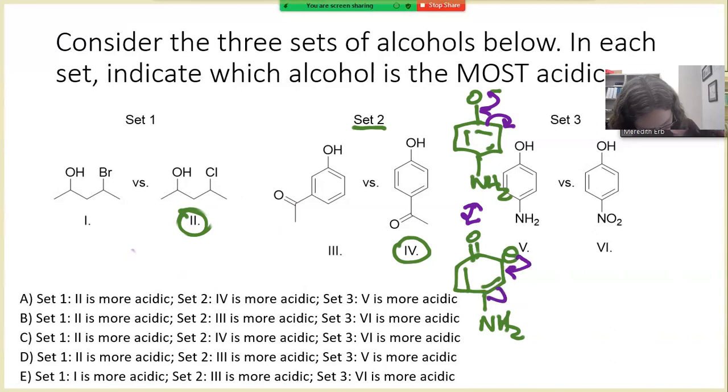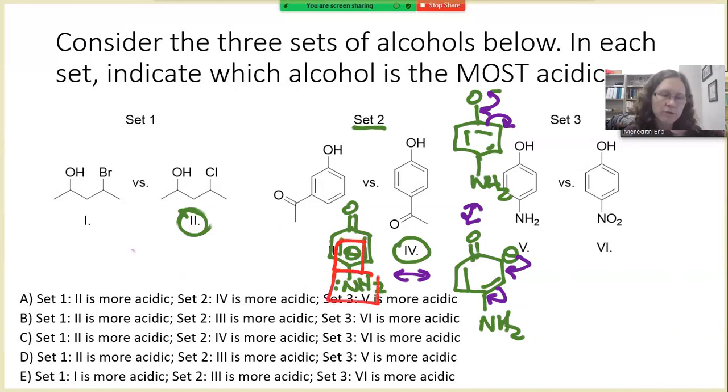Okay, I have another resonance contributor. And this one sees the negative charge adjacent to the amino group. And so here we have a -1 formal charge right next to a lone pair.